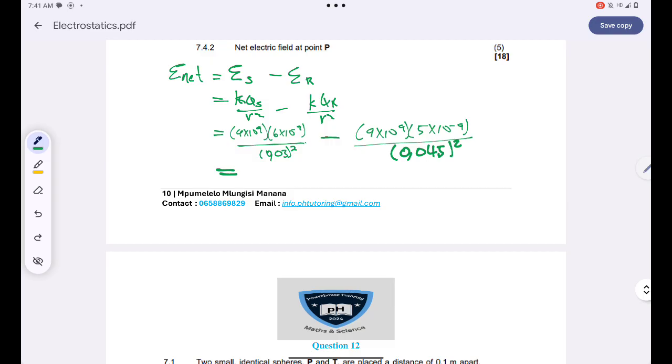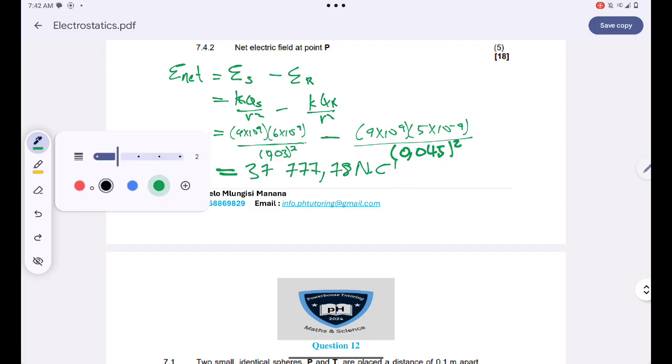So I'll simply get an answer of 37,777.78 newtons per coulomb, and the direction is just down the incline.